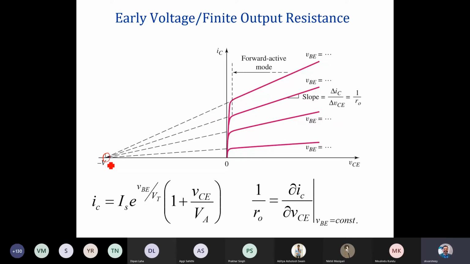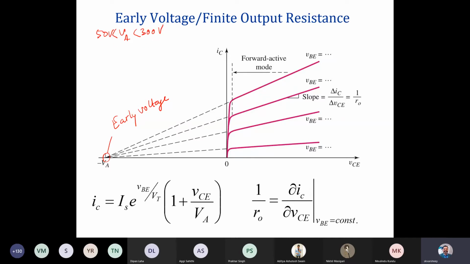This voltage we call the early voltage. This number goes between roughly 50 to 300, so the range of this early voltage is greater than 50 and less than 300 volts.